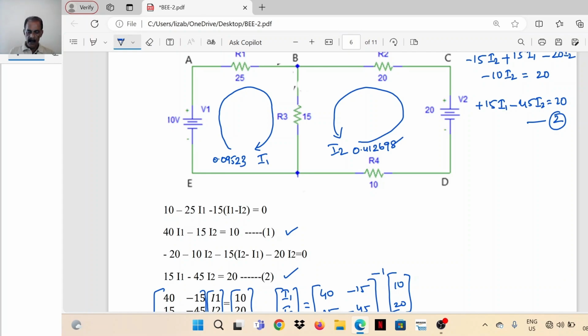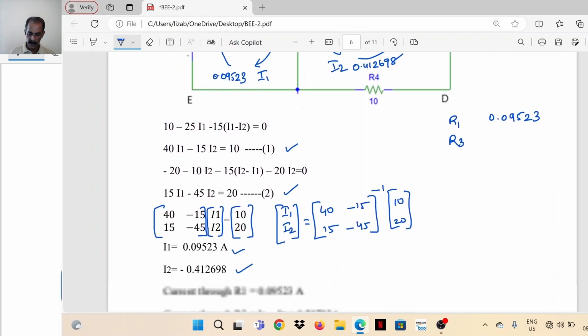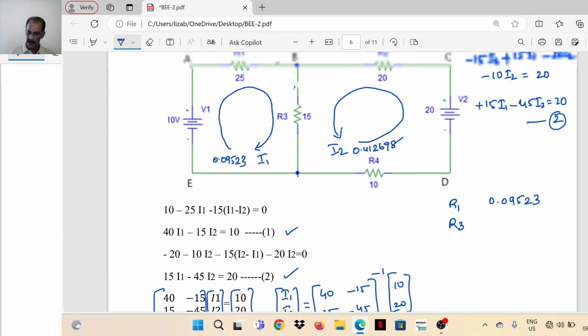So now we can find the values of currents through all the resistors. Through R1 it is 0.09523. Then through R3, I1 is from B to E, and I2 is also from B to E, so we have to add them: 0.09523 plus 0.4126, which is 0.50793.